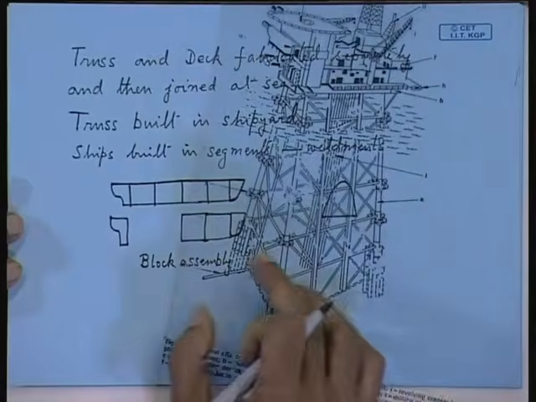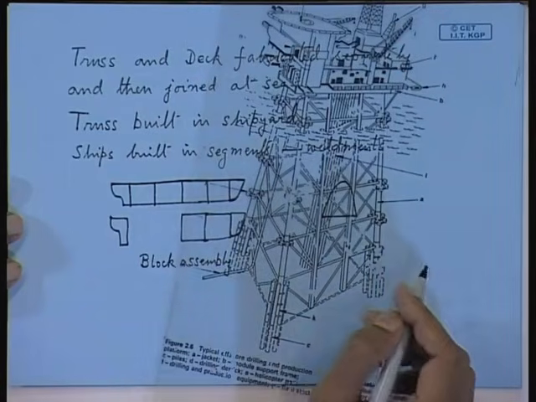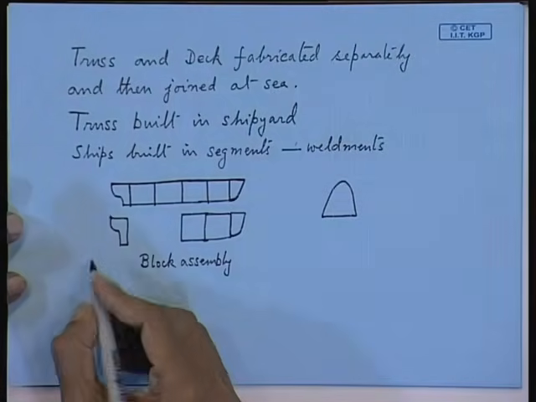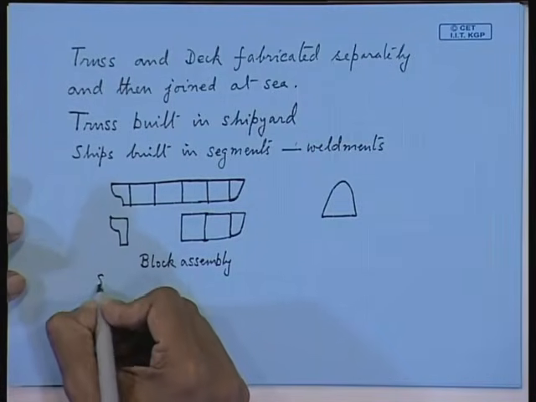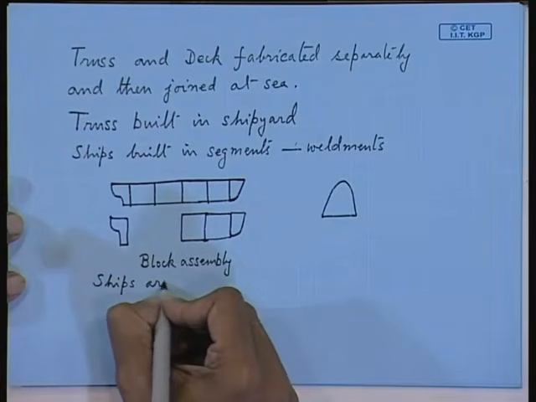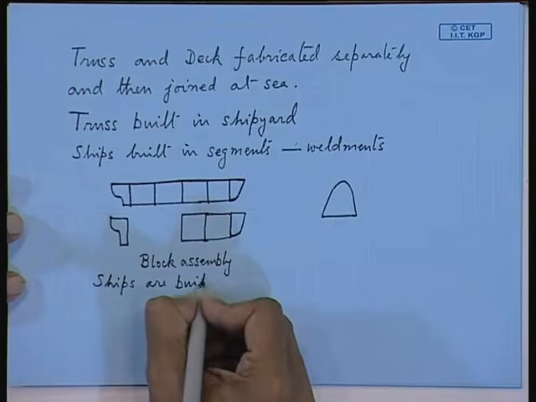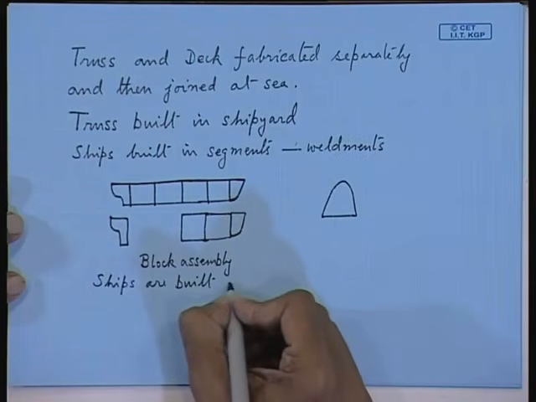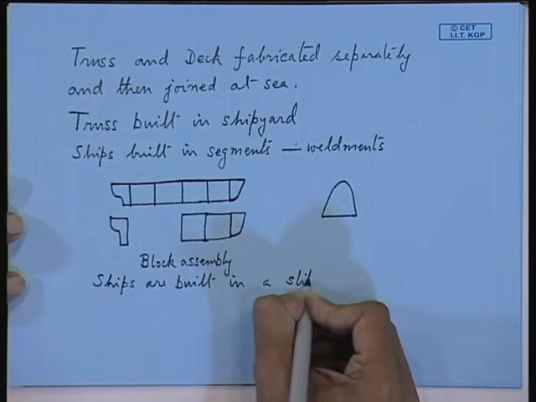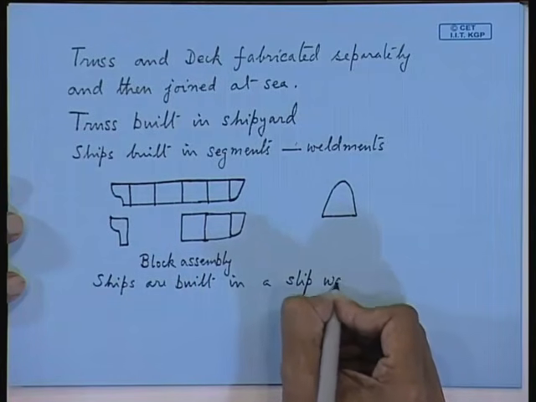But in case of these jacket type of platforms, you can see that this is a truss. Ships are built where? Ships are built in a slipway. You should be conversant with all these terms.